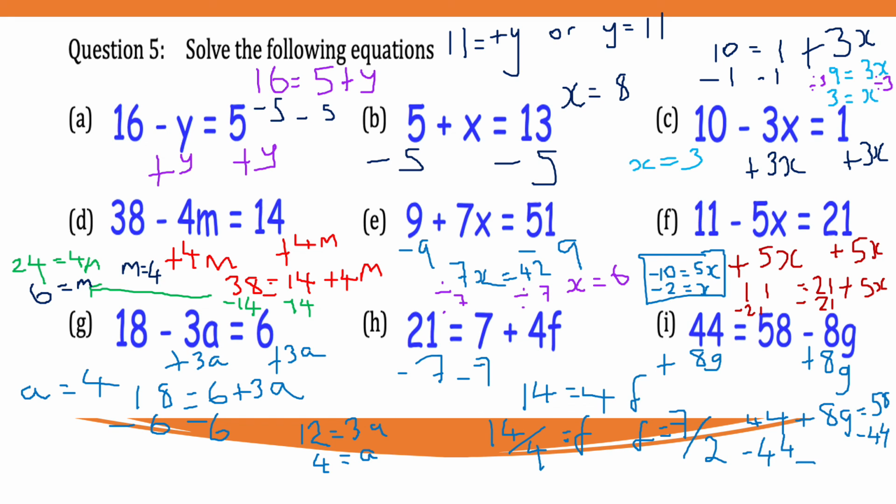We should get that 8g is equal to 14. Dividing both sides by 8, g is 14/8, or 14 out of 8. Which I can simplify if I want to 7 out of 4. So g is equal to 7 quarters, or 1 3/4, or 1.75. So they are all appropriate answers.